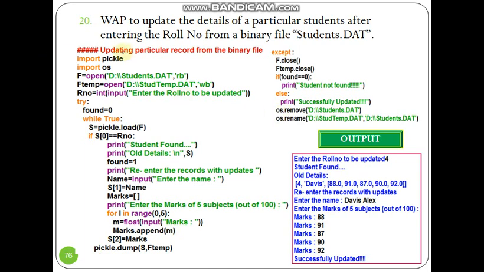So let's see that with the help of an example. The OS module is also needed. Then student.dat is opened for read purpose and the temporary file for write purpose. Then the roll number is entered, and we are checking using that loop.